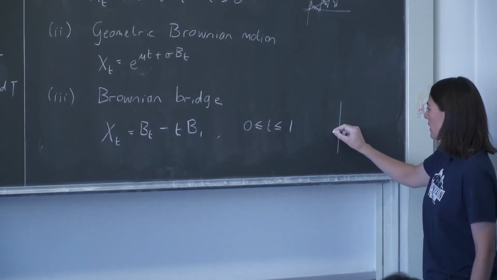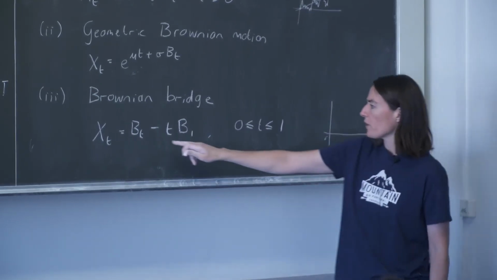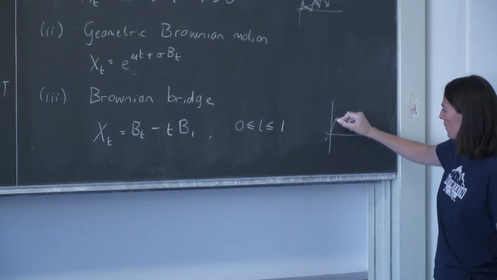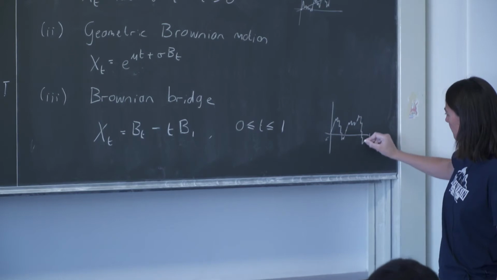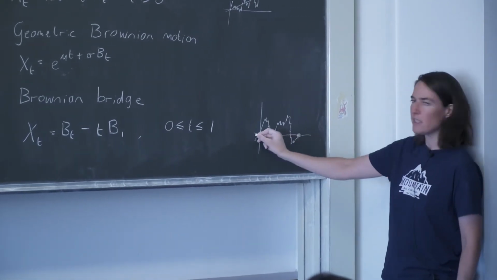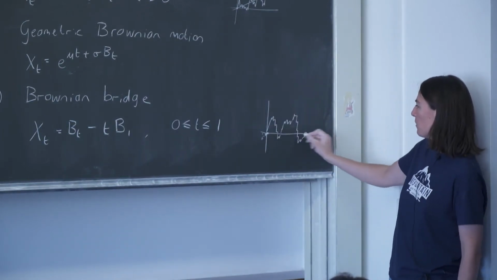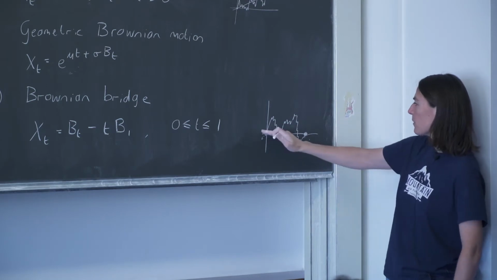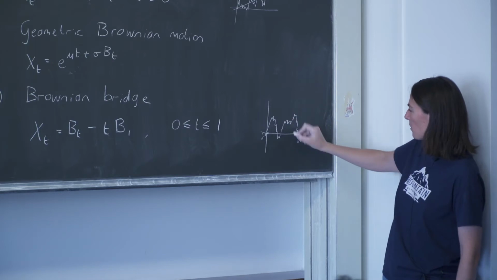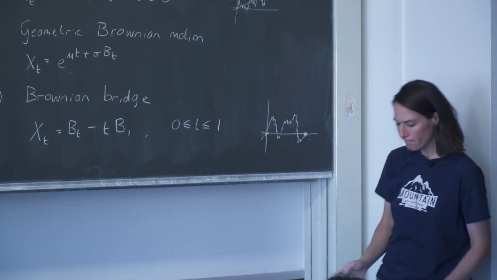And what about at time 1? Well, we've got B_1 minus 1 times B_1, so it also stops at 0. And so it's a Brownian process, but it's pinned at the values 0 and 1. And that's why it's called a Brownian bridge, because you can imagine the two banks of a river being at the same level, and you take some stochastic walk excursion between the two, but you end up back at the same level.